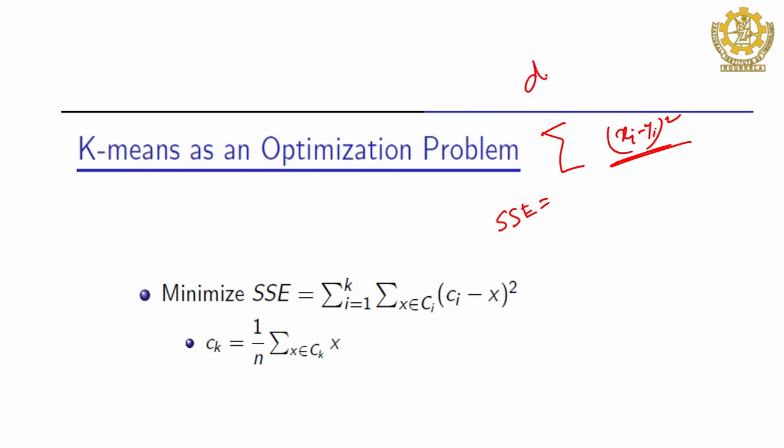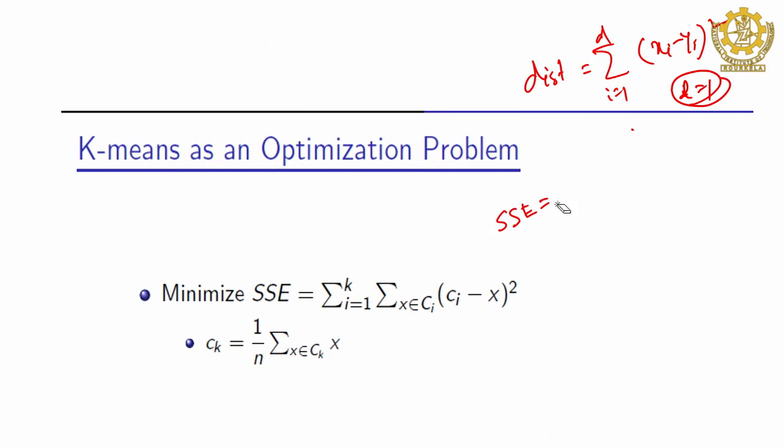So, the distance is defined as the summation over all dimensions i equal to 1 to d of (x_i minus y_i) squared, and not only that, we consider d equal to 1. So, it is single dimensional data. So, easily it can be extended to multi-dimensional.